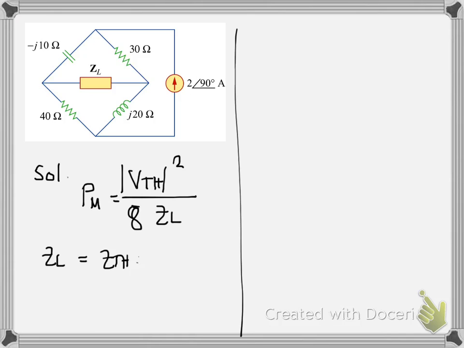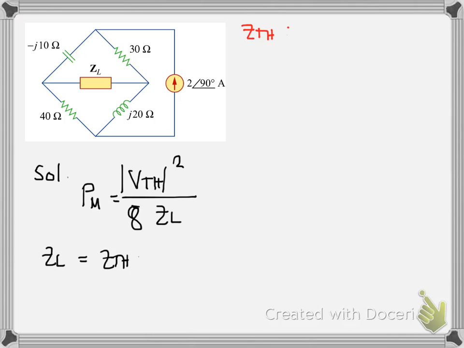Now, let's solve first for ZTH. So let's disable the source.